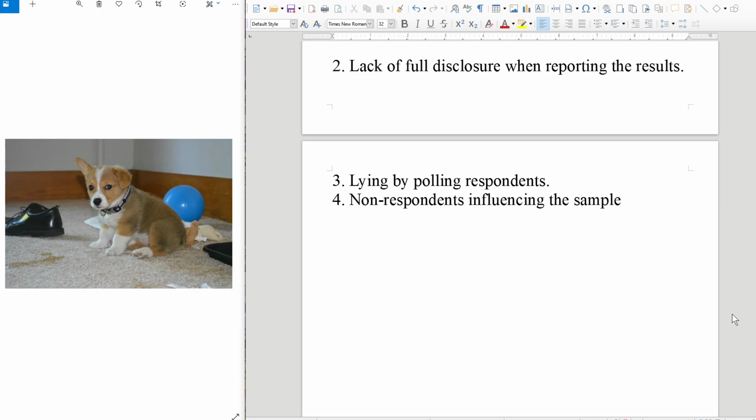So that's always going to be a problem. That's why I said right at the beginning of class today, even if you do probability sampling, you're going to have a biased sample because of the non-respondents. So that's what I meant when I said no matter how careful you are about your sampling, your sample's always going to be biased just because of the non-respondents.